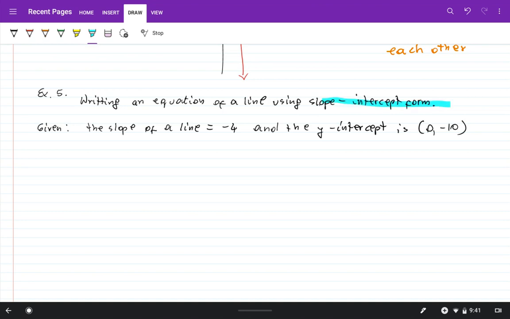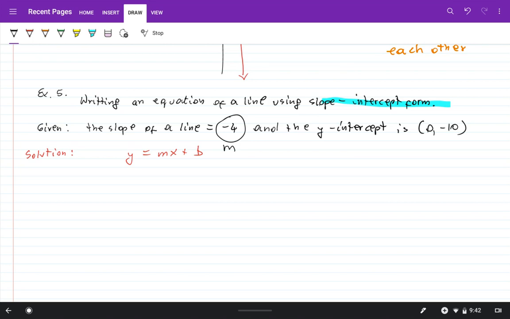So slope-intercept form is y equals mx plus b, okay? m is the slope, b is the y-intercept. So everything is given. We know the slope of the line is equal to -4, so this is our m.